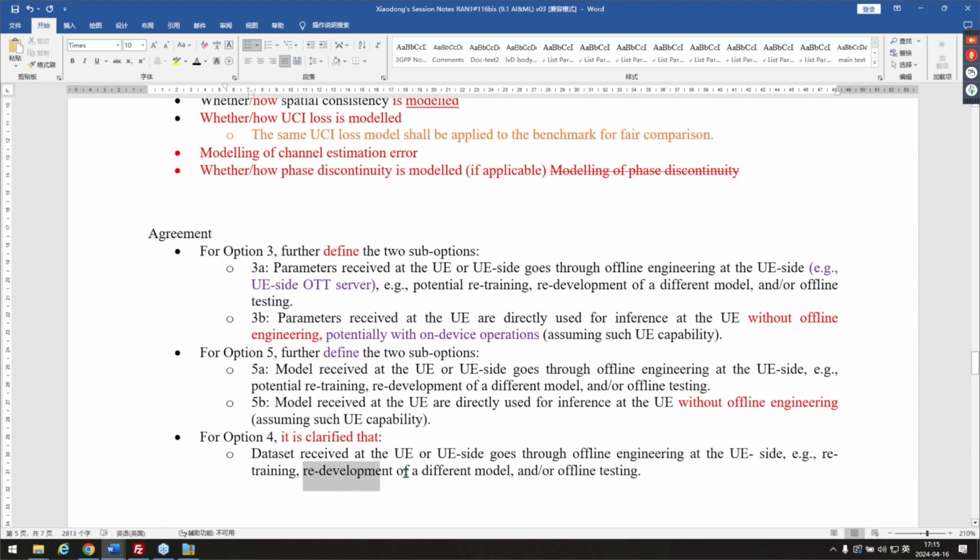Remove retraining, redevelopment of a different model. And then instead say model training and or offline testing.